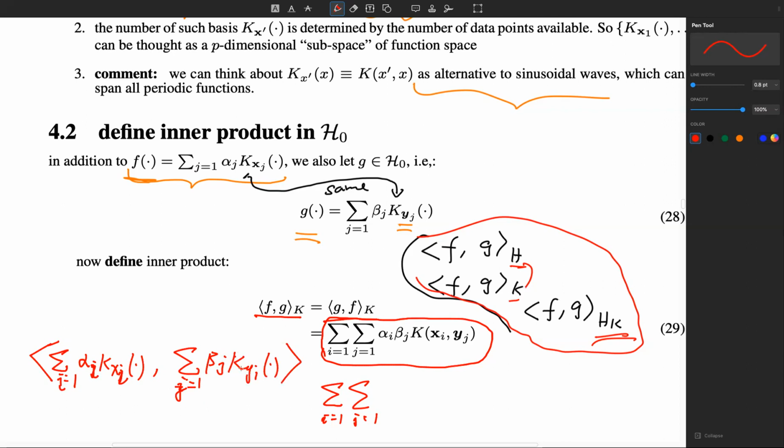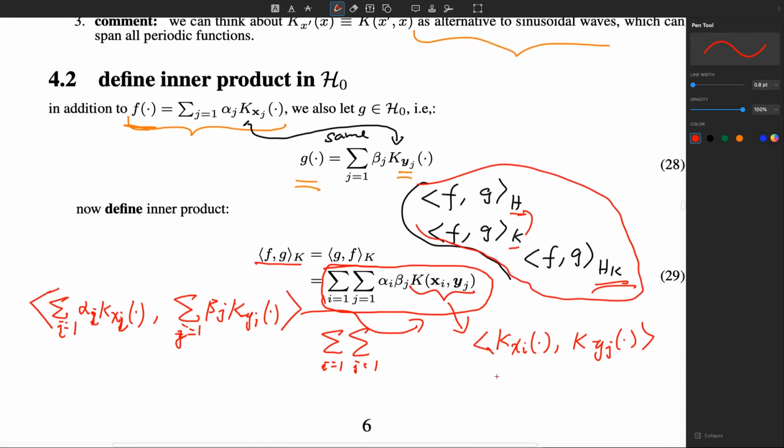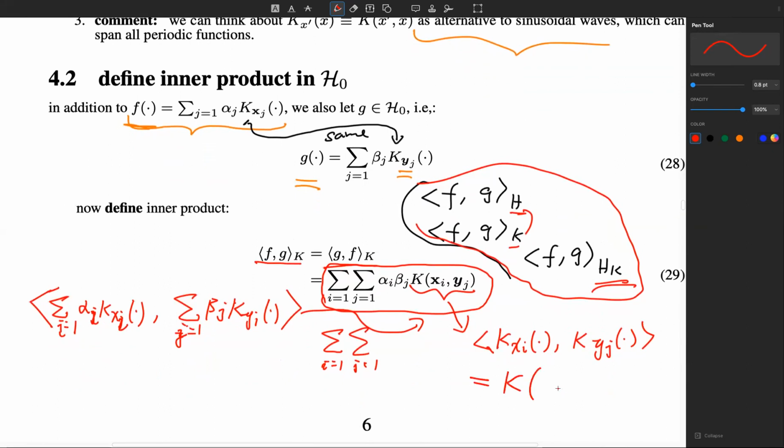By using the linearity of your inner product, you can define it like this. And this becomes the inner product of k x i and k y j, and that becomes k x i, y j, okay?